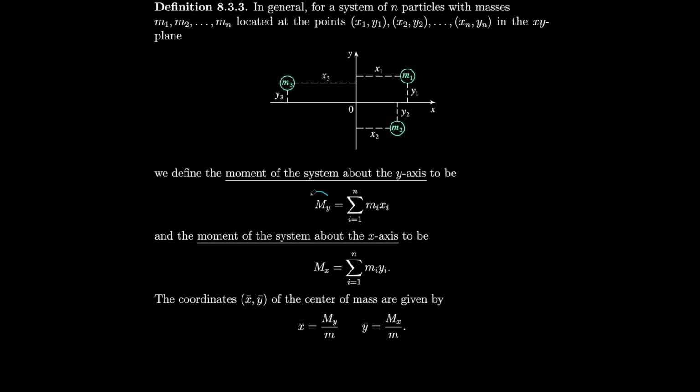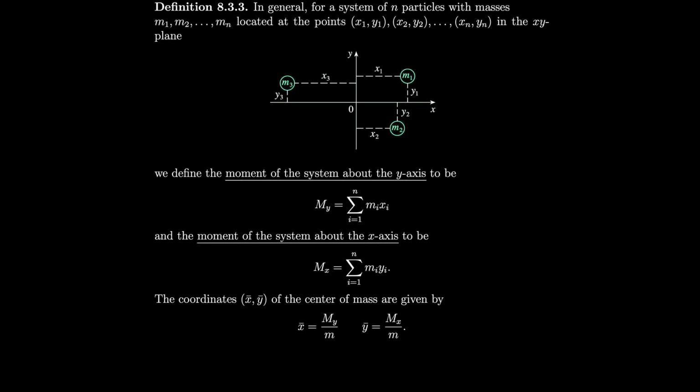Notice that this is the moment about the y-axis, but you're summing up a whole bunch of x's, so it looks a little bit like it's backwards. But it's really not backwards, because the distance from the y-axis is horizontal, so that's a certain x distance away. Similarly, if you want the distance from the x-axis, you have to sum up y values, because when you go away from the x-axis, you go a certain distance y.